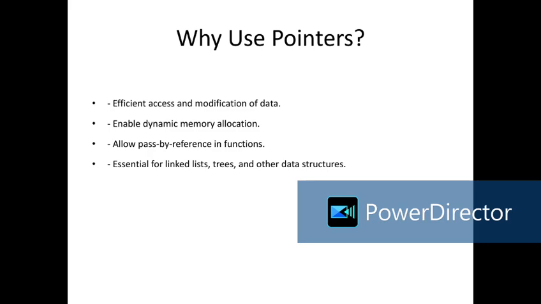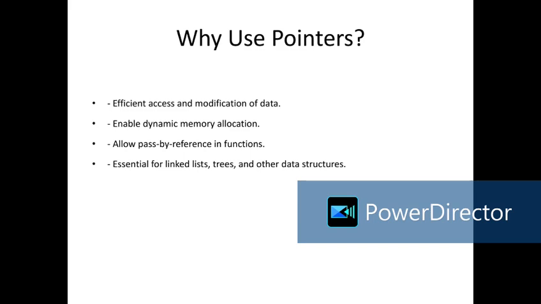Why use pointers? You might ask, can't I just use variables directly? Here is where pointers help. Efficiency: you can pass an address instead of copying large data. Dynamic memory: allocate memory only when needed. Function interaction: a function can change a variable passed by reference.